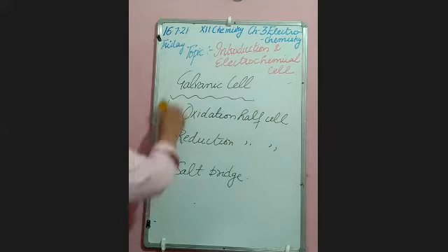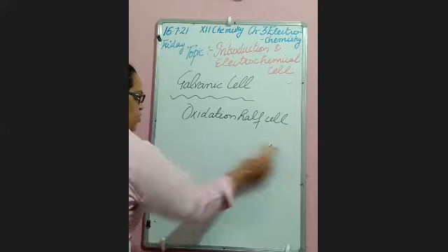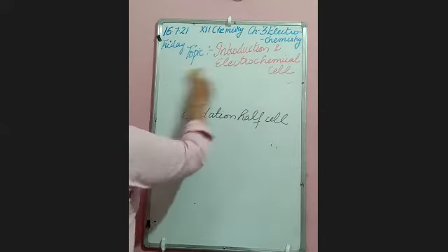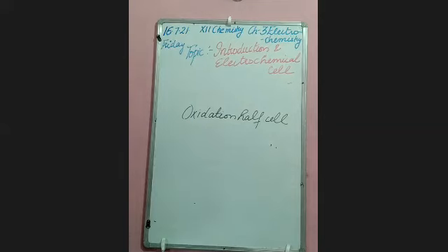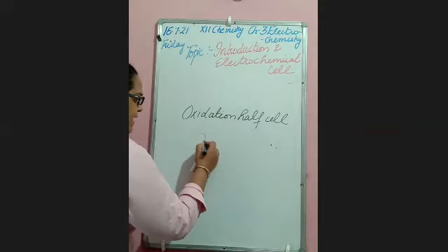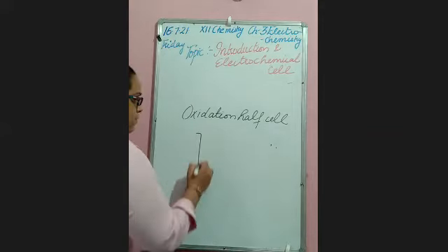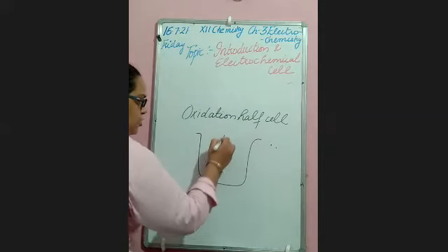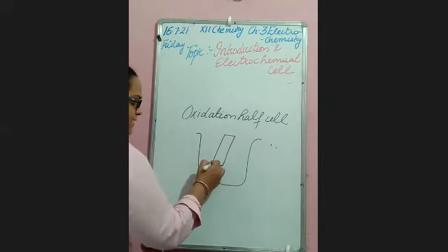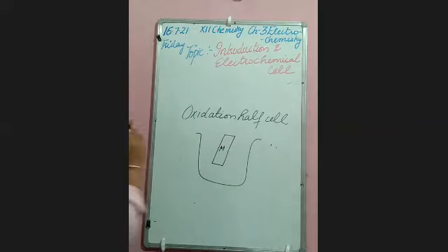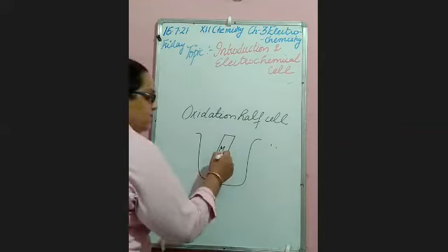As the name says, it is the part of the cell in which the oxidation reaction is going on. Suppose I am taking a beaker in which one metal electrode is present. It is represented by M, any metal. Suppose I am taking a zinc rod.